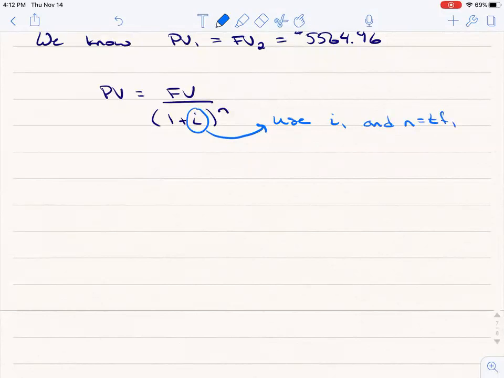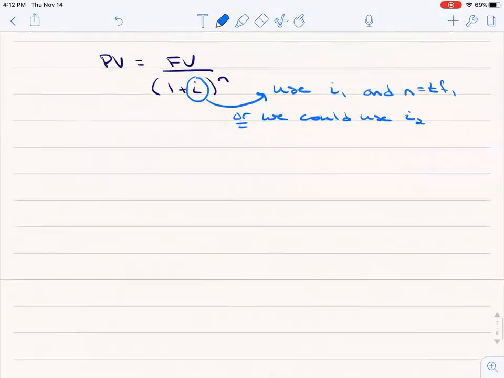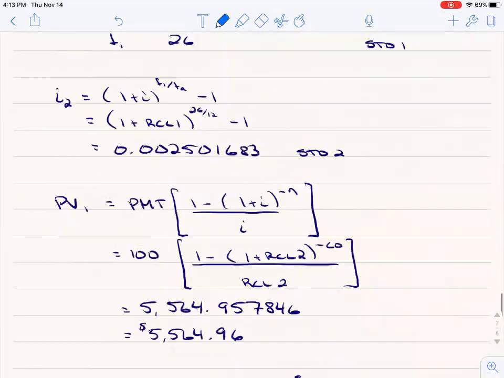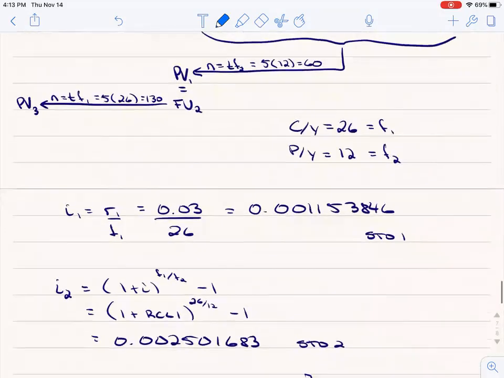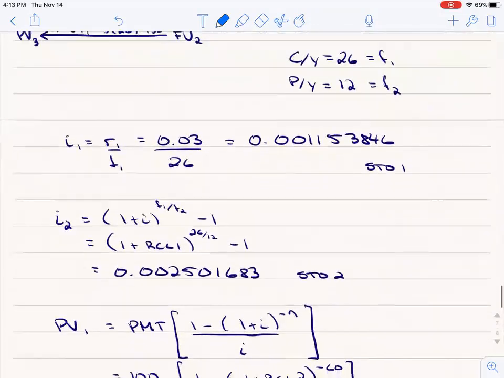The number of compoundings. Or we could use I2 if you want to, just remembering that then n would need to be t times F2. It's still just going to be the number of compoundings, whether you're compounding weekly or bi-weekly or monthly.